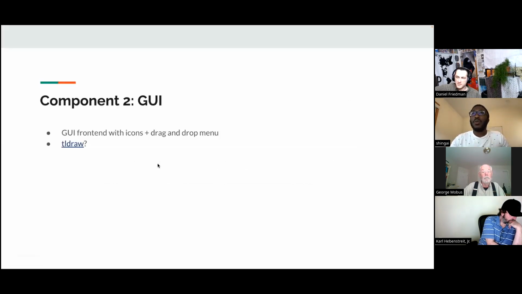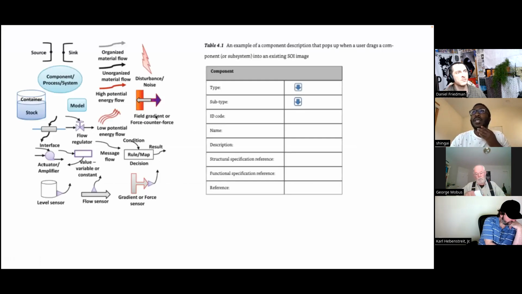Okay. So a second component of the systems language would be a graphical user interface, a front end that would have icons and a drag and drop menu. I recently came across an open source systems diagramming project called TL-Draw, which seems to provide most of the functionality of something like Lucidchart, but it's open source and based in JavaScript, so I can imagine that something like this might be helpful for creating this GUI.